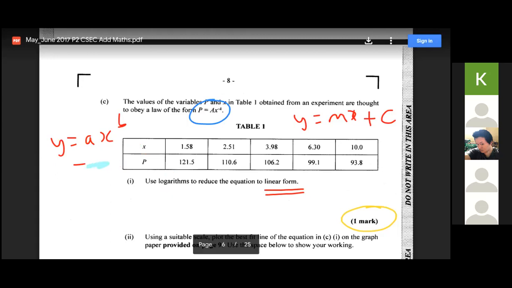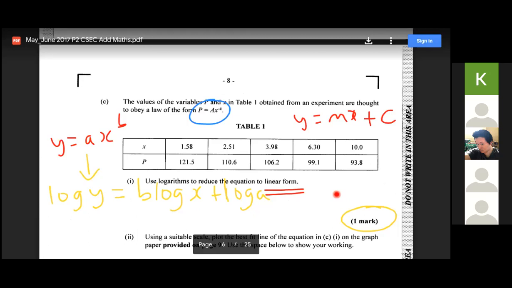So when I did it with you, I told you that when we write this one in linear form, we're going to get log of y is equal to b log of x plus log of a. After practicing, you would actually know this, not necessarily by memorizing it, but after doing the same thing over and over again, you will remember it.